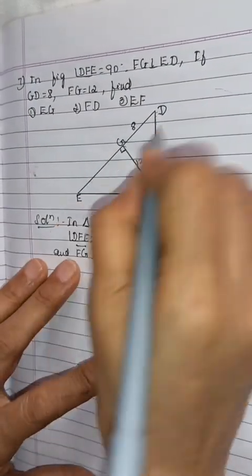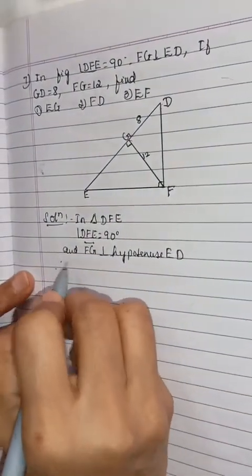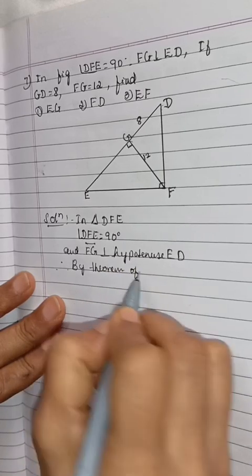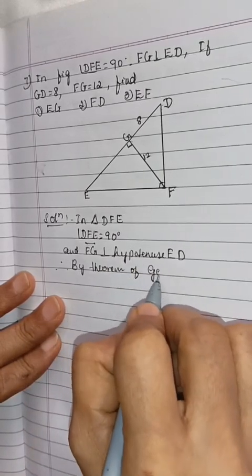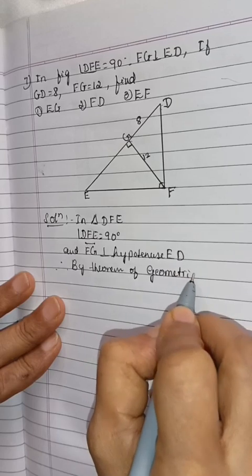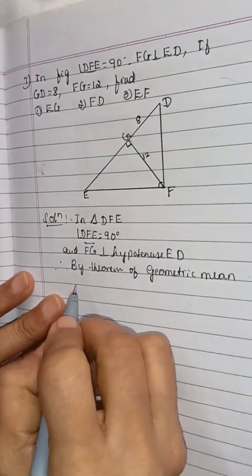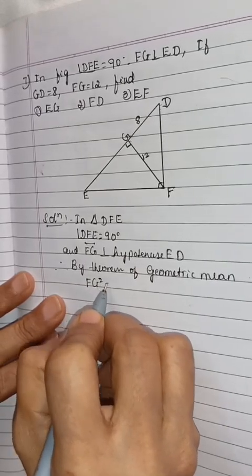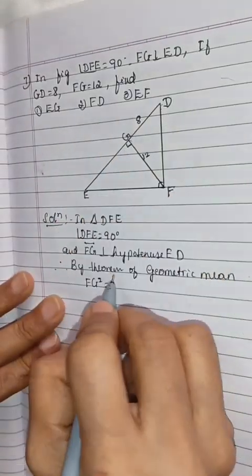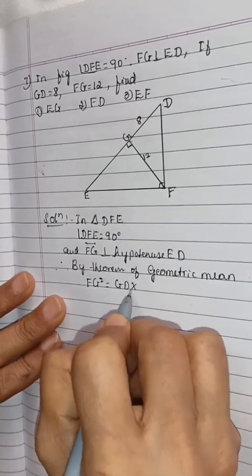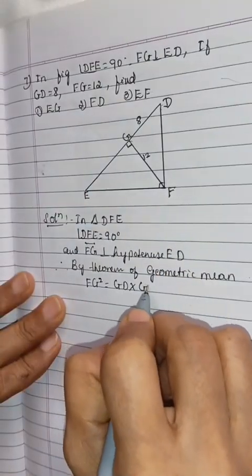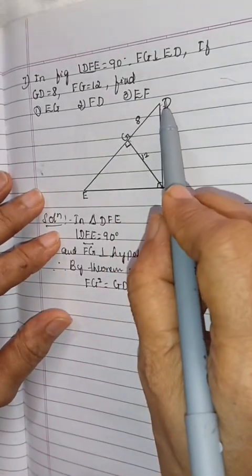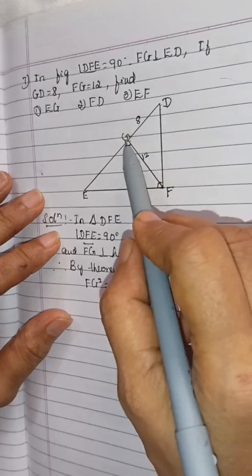Therefore, by the theorem of geometric mean, FG square equal to GD into GE. This geometric mean theorem says FG square equal to DG into GE.